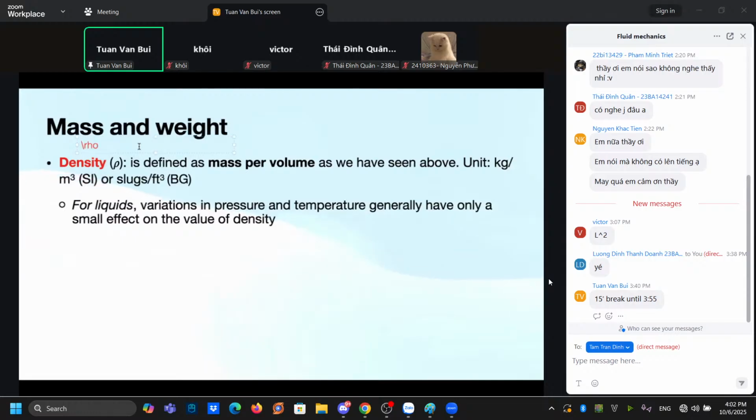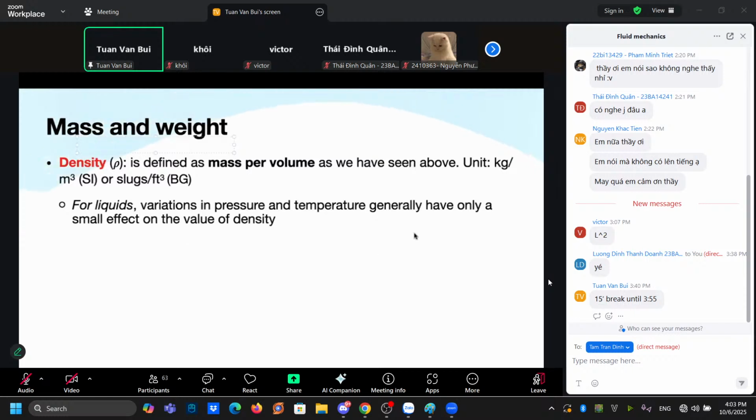Because I know in high school in Vietnam, we use the letter D for density, but from now on, we will use rho. Okay, density, that is the ratio of the mass per volume, so you need kilogram per cubic meter or slug per cubic feet. Okay.